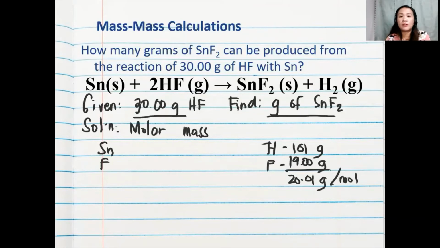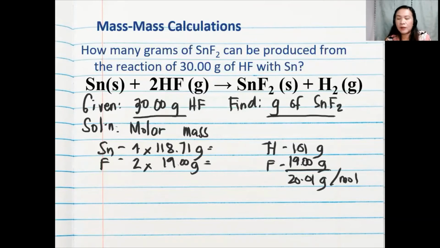Now, what about for SnF2? So we have tin, that's 118.71 grams. And then for fluorine, again, we have 2 atoms, so we have 2 atoms of fluorine times its molar mass, which is 19 grams.